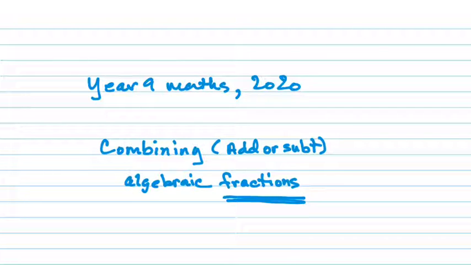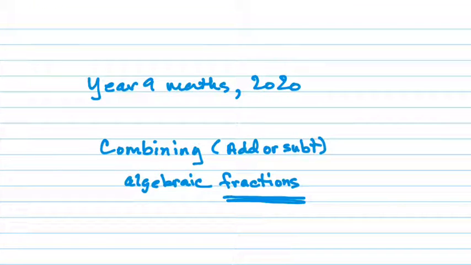Okay? So what I want to do first of all is remind you of something about fractions that you may not remember. And that is, remember that when you have a fraction, you have some numerator over some denominator.